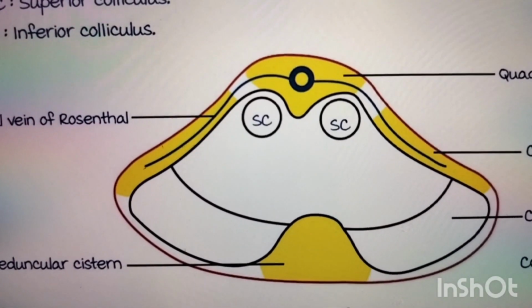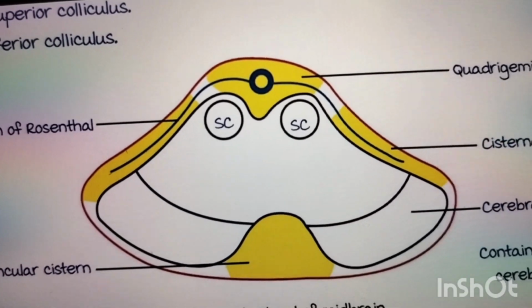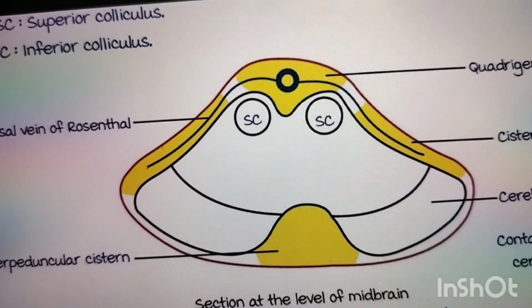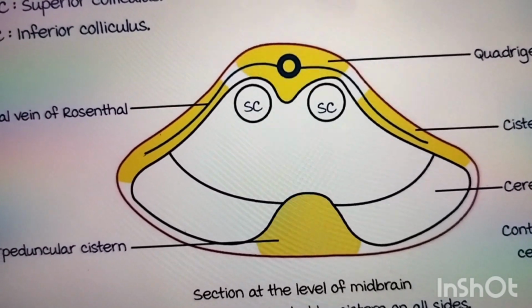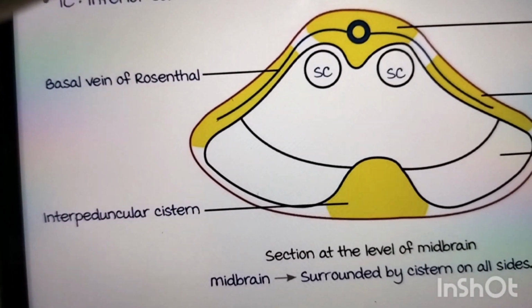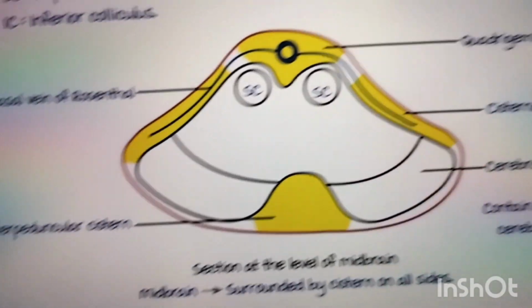We already know the vein present in the quadrigeminal cistern, that is the vein of Galen, also called the great cerebral vein. This vein is formed by the two veins coming from the cisterna ambiens.